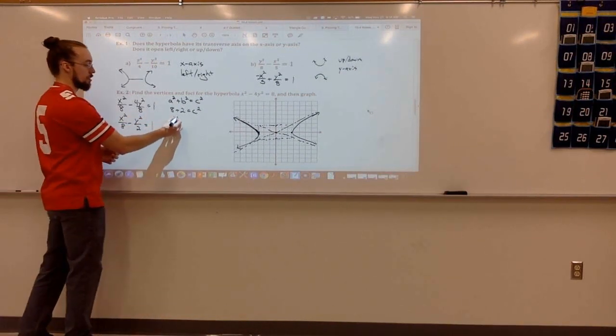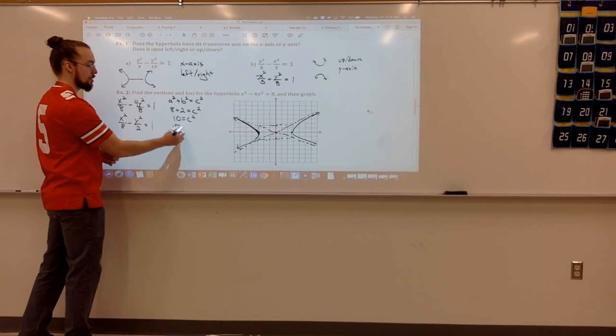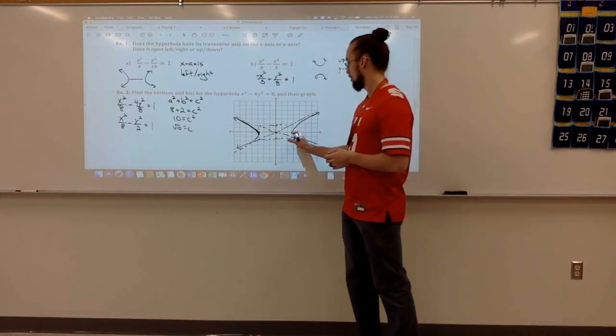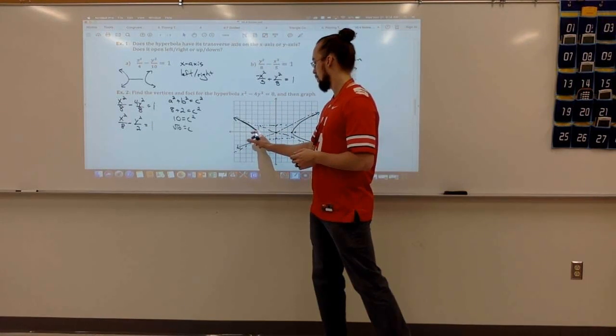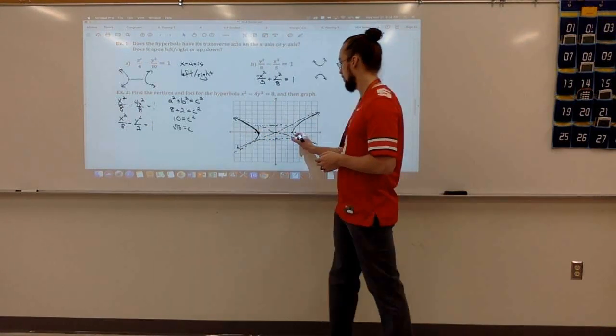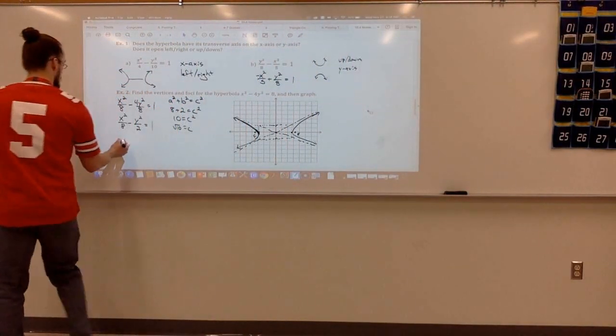That'll be 10 equals c squared, so c is square root of 10, the distance from the center to each focus. So we'll be out here somewhere and out here somewhere for my foci. I'm going to list this information out as well.